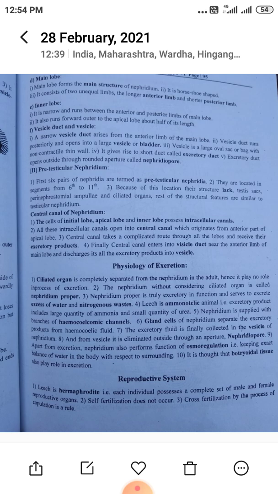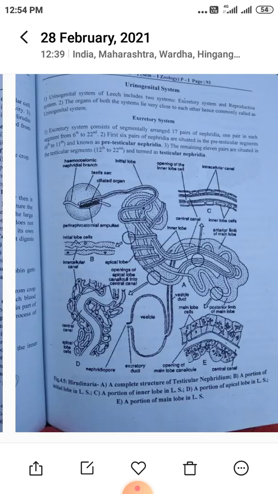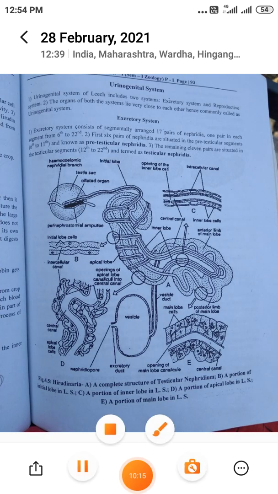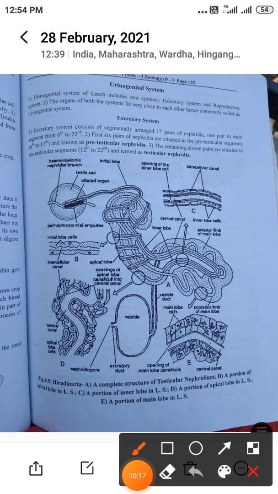Then the central canal of the nephridium. The cells of the initial lobe, apical lobe and inner lobe possess intracellular canals. All these intracellular canals open into the central canal, which originates from the anterior part of the apical lobe. In this diagram, the inner lobe contains the central canal.